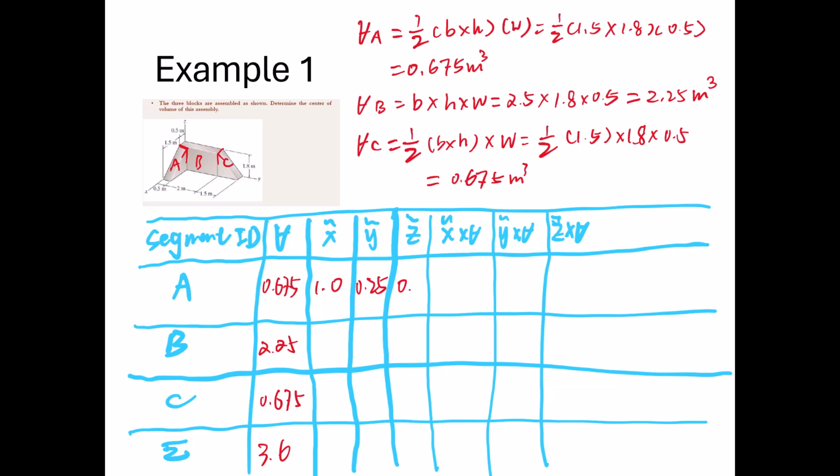For B, X will be 2.25, Y will be 1.25, Z will be 0.9. For C, it will be 0.25, 3.0, 0.6. And X times the volume will be 0.25, 0.1669, 0.49. Okay, you can use a calculator to help you with this.